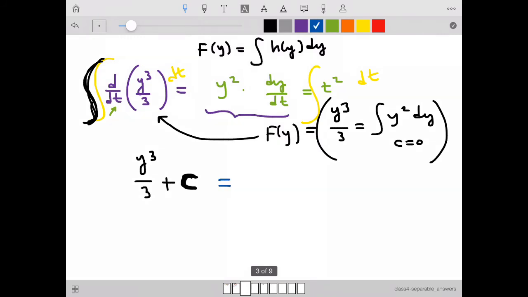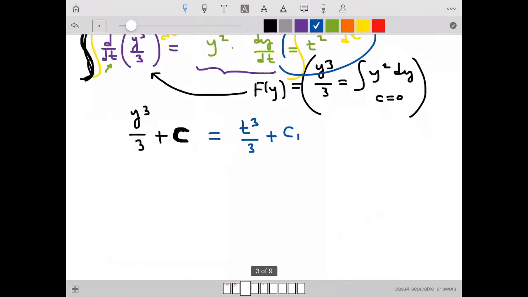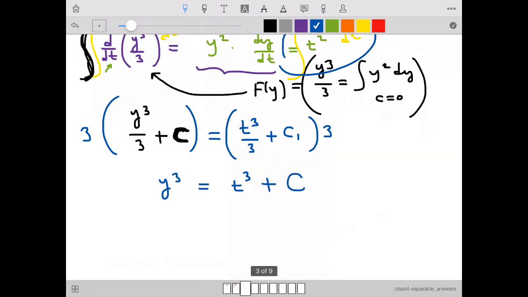Equal to, from here we get t cubed over 3, and then we will get another constant, and you may collect them together, multiply by 3, then we get y cubed equal to t cubed plus another arbitrary constant.